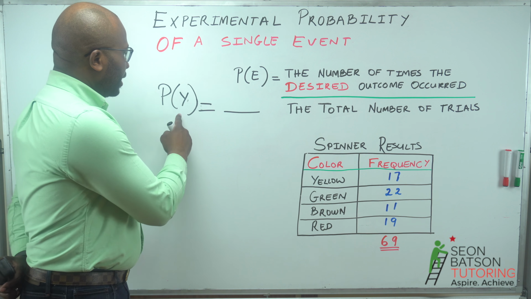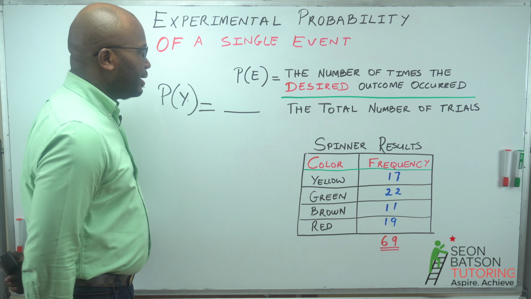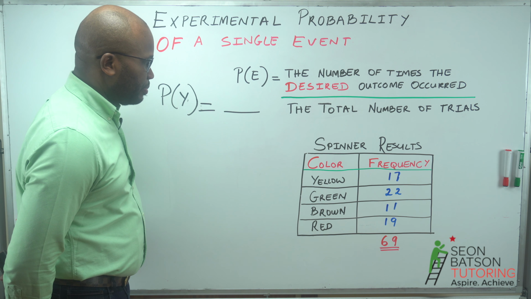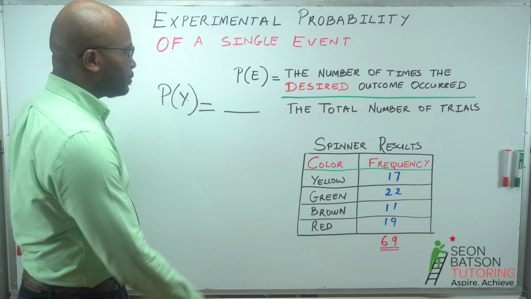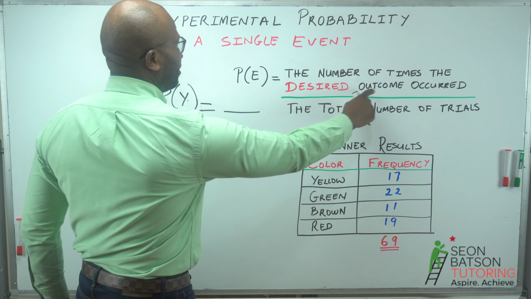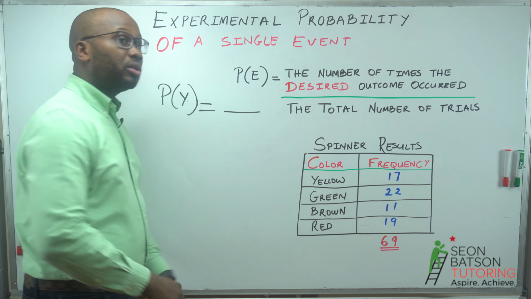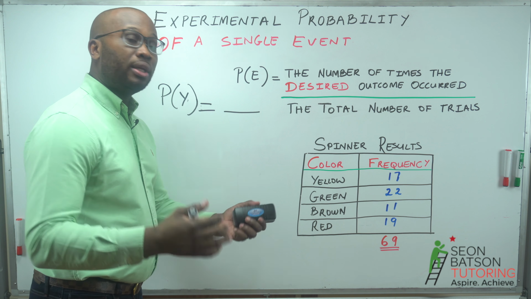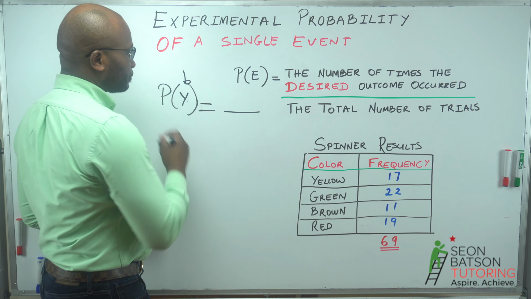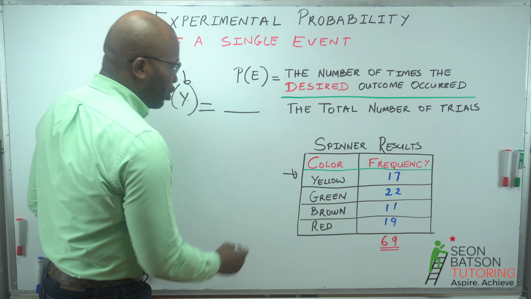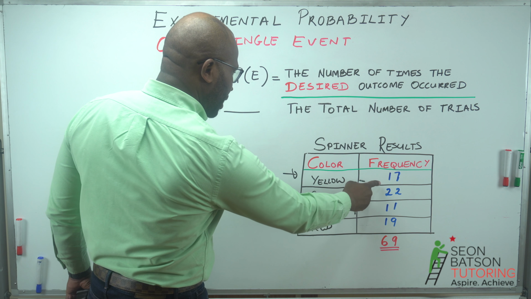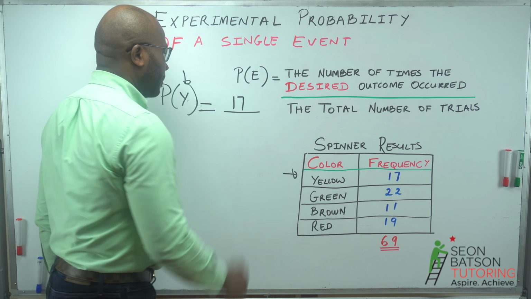So we're trying to figure out the experimental probability of getting yellow the next time we spin the spinner. First, the number of times the desired outcome occurred. The desired outcome is the outcome we are looking for. We're looking for a yellow, and according to the table, we got yellow 17 times.